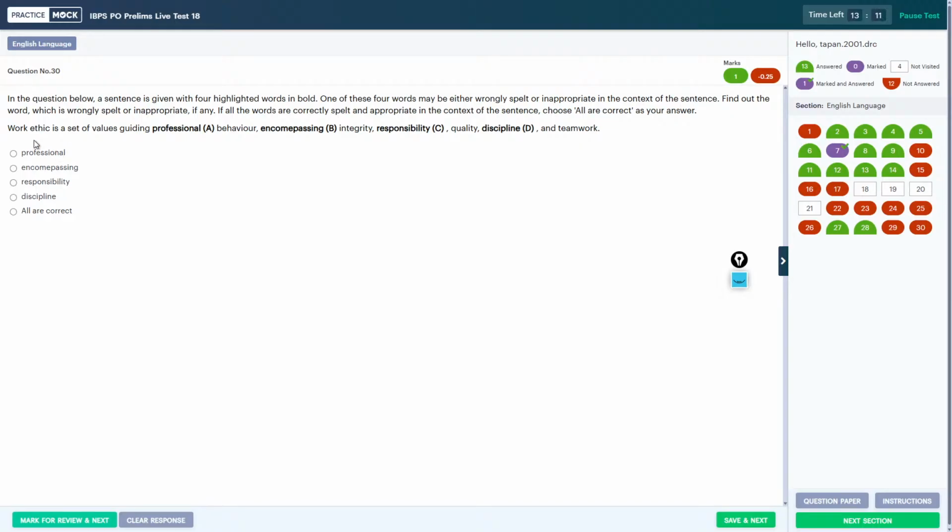Again, so what ethics is a set of values guiding... guessing, spelling is incorrect.